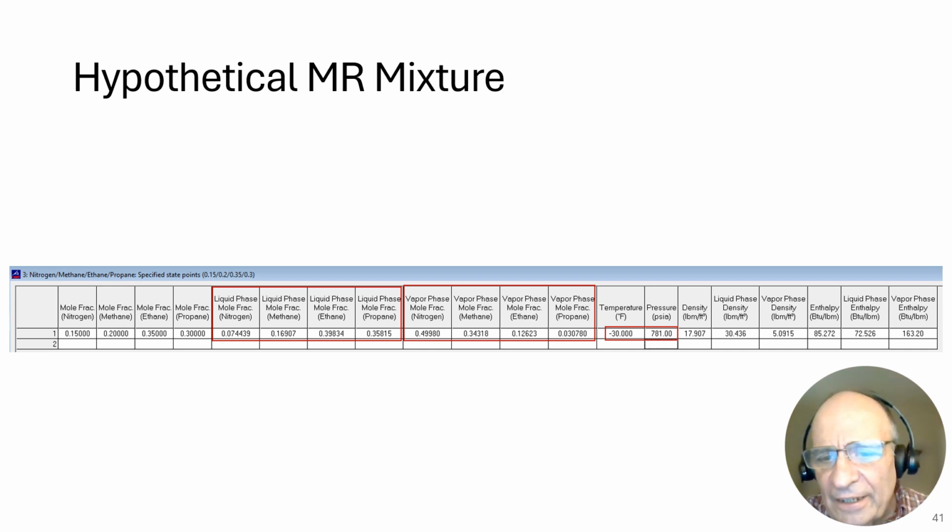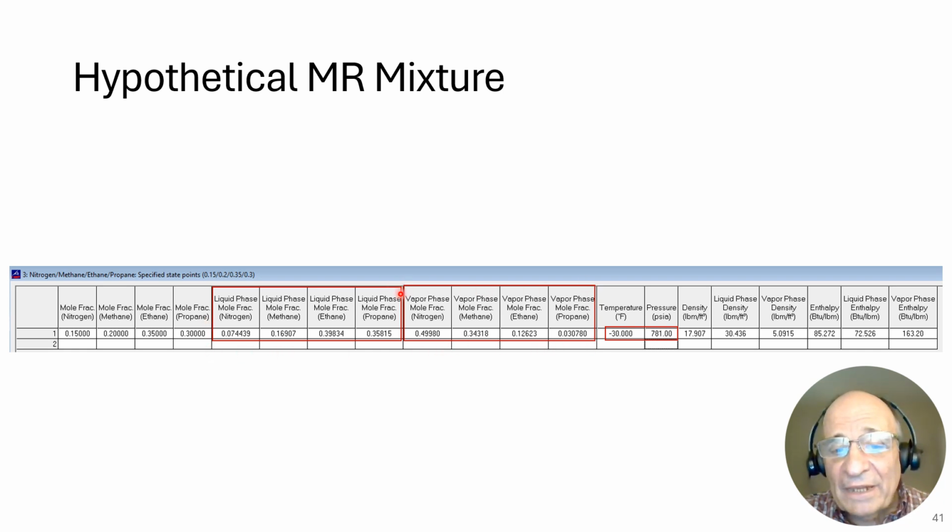Now, if I chill that down to minus 30 degrees Fahrenheit at a pressure of 781 psi absolute, and remember where we got that 781: we had 3 stages of compression, with each stage of compression being a fixed number, and it brought us up to the 781. We're going to get 2 separate fluids, a liquid phase and a vapor phase.